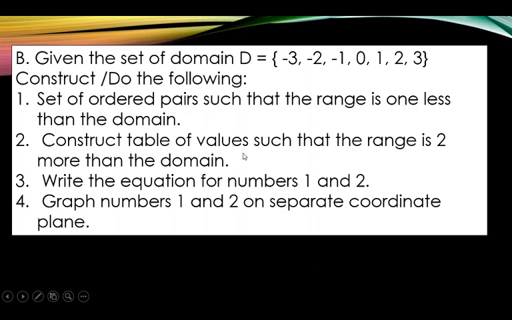Number 2, construct a table such that the range is 2 more than the domain. So, mas mataas naman ang range na ipapartner nyo sa domain ng ilan? 2. And then, number 3, write the equation for numbers 1 and 2. So, yung ginawa mo sa number 1 at ginawa mo sa number 2, magko-construct or formulate kayo ng equation. And then, igagraph nyo yung ginawa nyong equation. You are going to graph numbers 1 and 2 on separate coordinate planes.